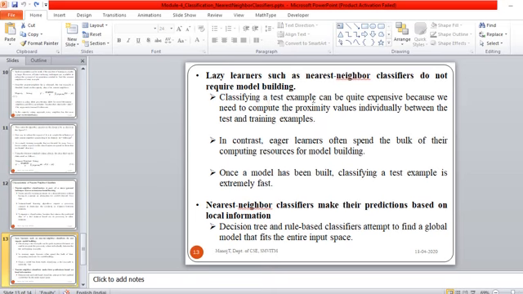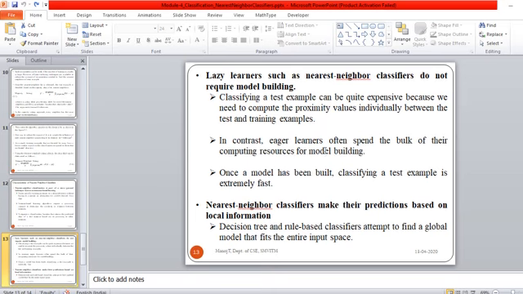Classifying a test example can be quite expensive, because we need to compute the proximity values individually between the test and training examples. If you have a very large number of training examples with very high dimensionality, then computing the proximity may be very expensive.